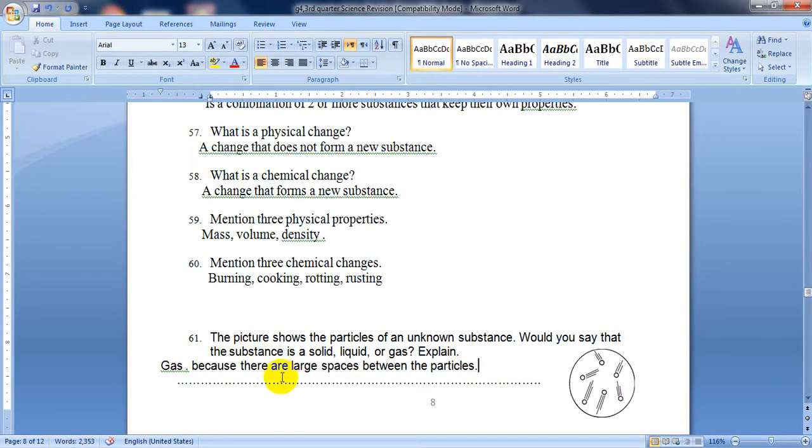They are moving freely, so this picture represents a gas.